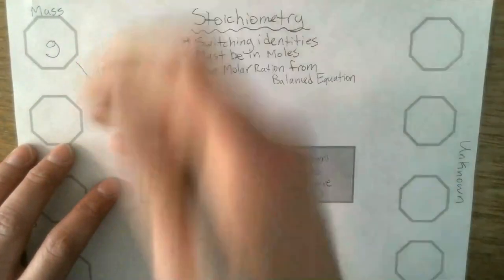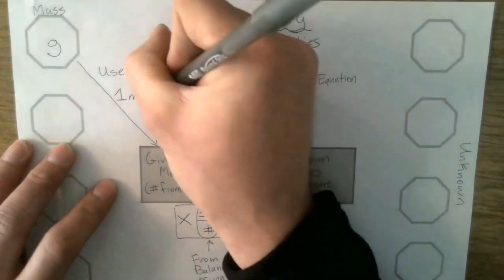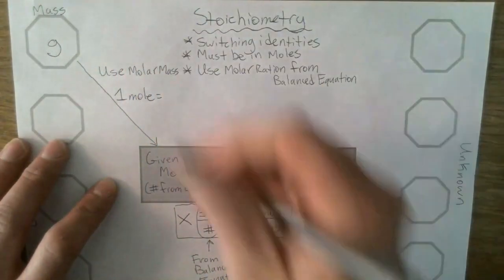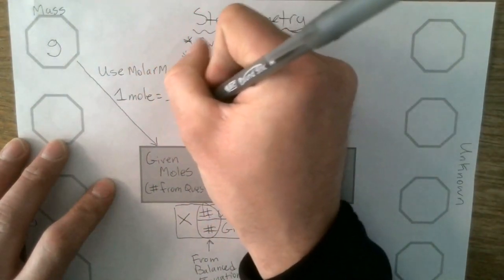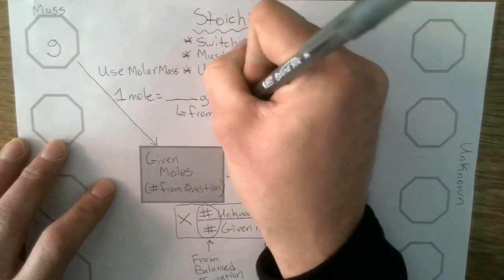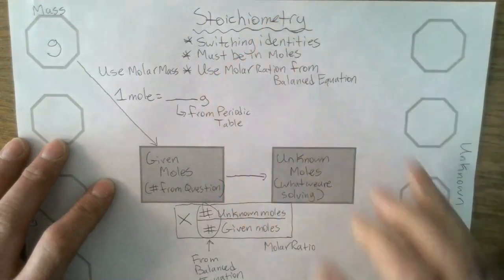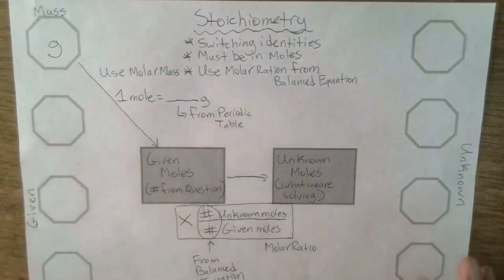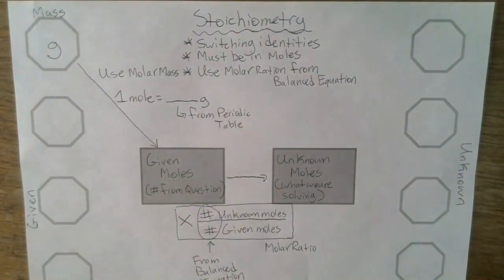So essentially our conversion factor there is that 1 mole is going to equal a certain mass from the periodic table. That's their atomic mass underneath each of those here. So that's for going from mass to moles.